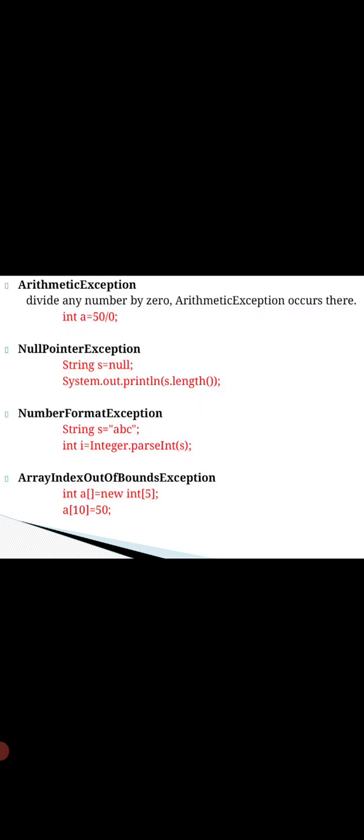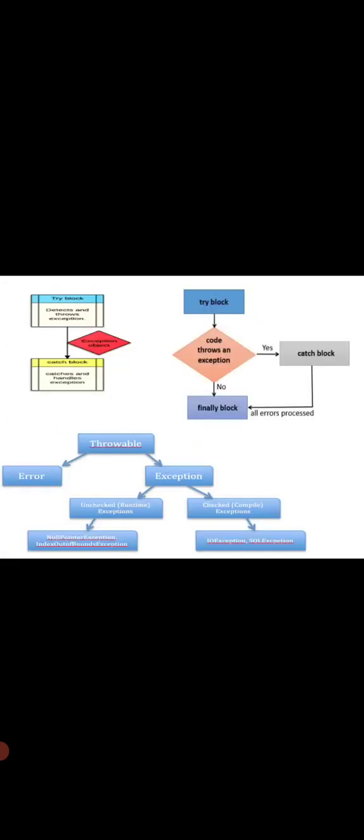I have created an array of size 5 and I am trying to access the value of the location a of 10, which is not at all possible because the total size of my array is 5. Beyond that, there is no space for that array. Then I am trying to access the value which is not at all available. There arises index out of bounds exception. It is the example diagram.